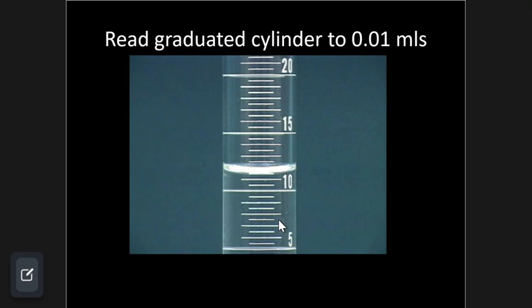Here I have another graduated cylinder, and this would be 10 milliliters, this would be 11, 12, 13, 14, and 15. I wonder what the volume of that is. I know that it's at least 10 milliliters, and it's actually more than 11, kind of between 11 and 12, so that almost looks like 11.5. Let me look a little closer.